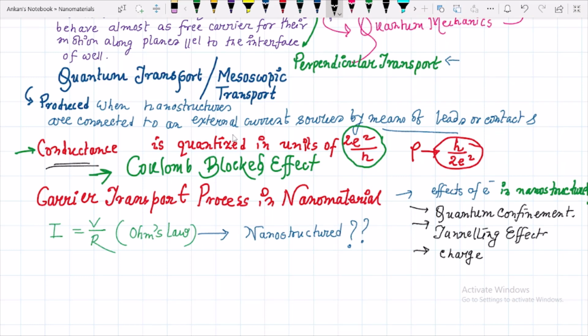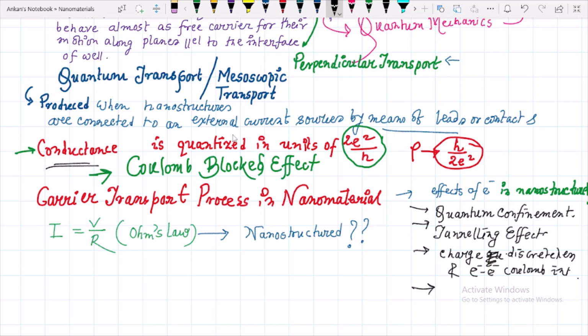So the laws which hold on the macroscopic scale are also valid on the microscopic scale with some modification. So charge quantization, or charge discreteness, may also be present here, and the electron Coulomb interaction.